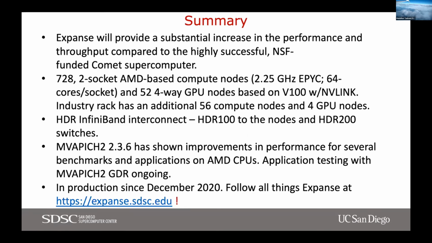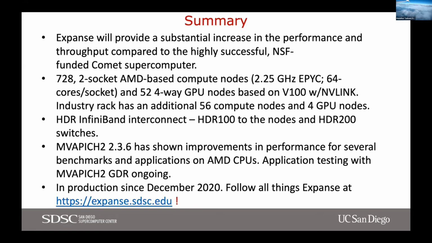So overall, I think Expanse should provide a huge increase in performance and throughput. The machine's already running full, and we'll be adding 2 racks in a little bit, so that hopefully will help with some of the load.